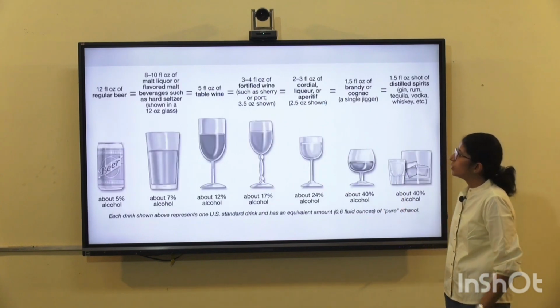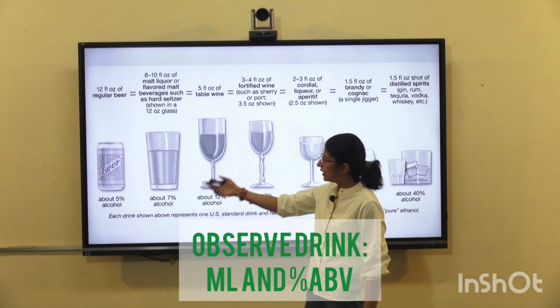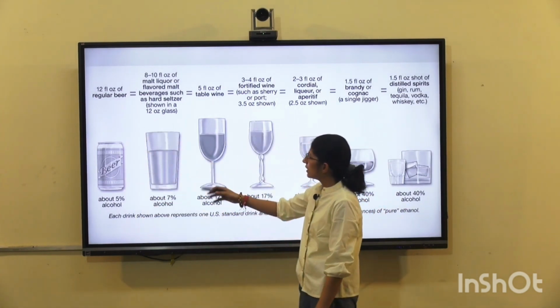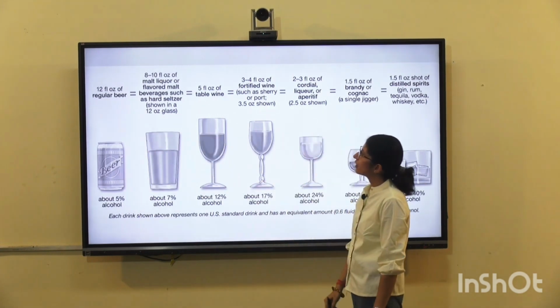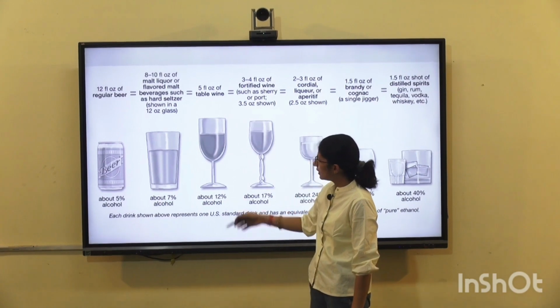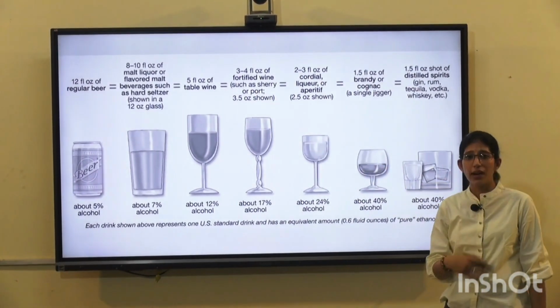Now this is again as per serving size. Beer in a can with 5% alcohol is 12 ounces. Then malt liquor in a glass is 7% alcohol, 8 to 12 ounces. Then 5 ounces of table wine has 12% alcohol. 17% alcohol goes to fortified wines.